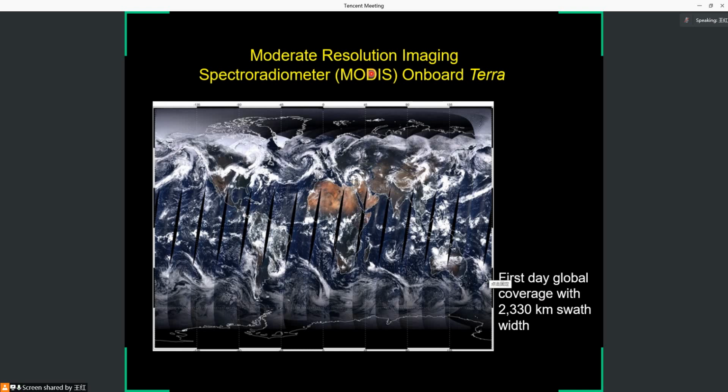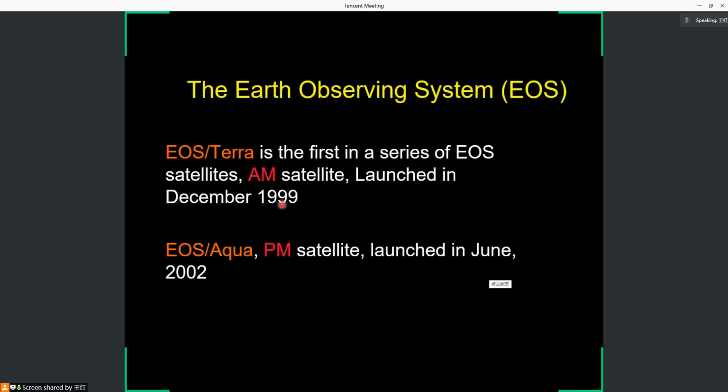Use this data because its spectroradiometer has 36 bands, and it's free. So very good. If your study area is larger, you can use MODIS. But you can only use it from 2000, because it launched in 1999. Before that, no data.